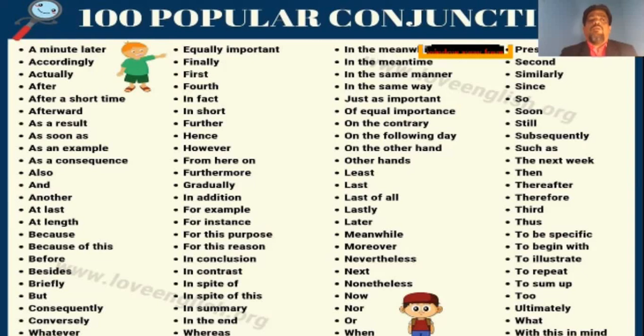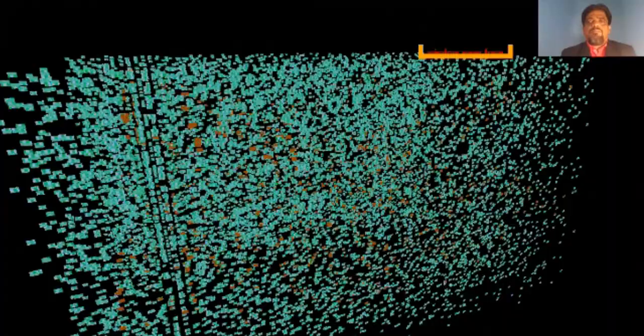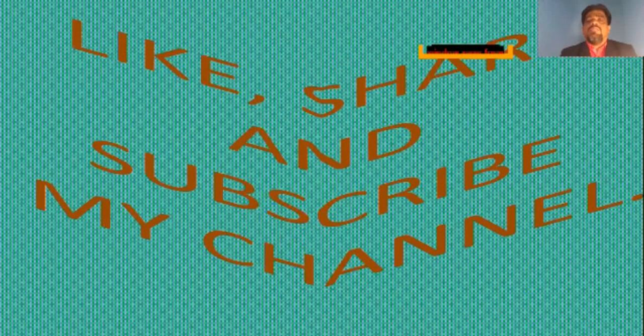And that is how we got hundreds of popular conjunctions. And these conjunctions help us to make beautiful sentences, complex, compound, and various other types of sentences, sometimes complex compound sentences, which we will talk about later.